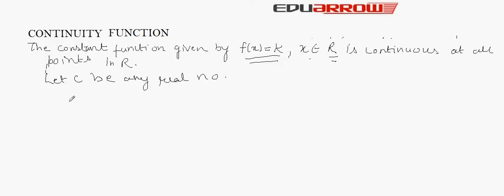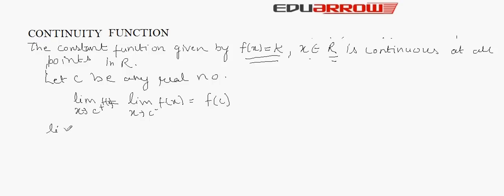First we have to satisfy the first condition, that is limit x tends to c positive is equal to limit x tends to c negative is equal to f of c.